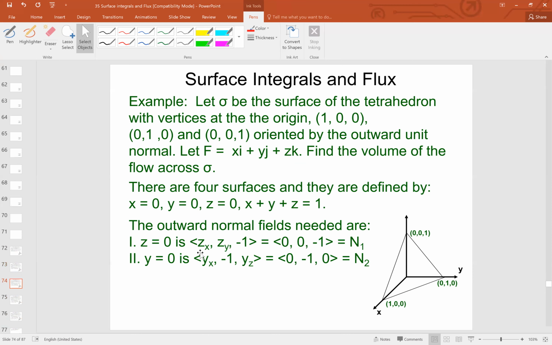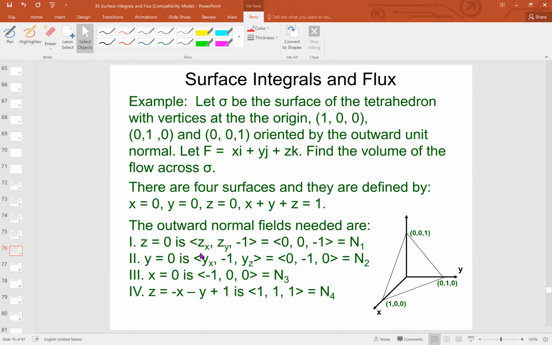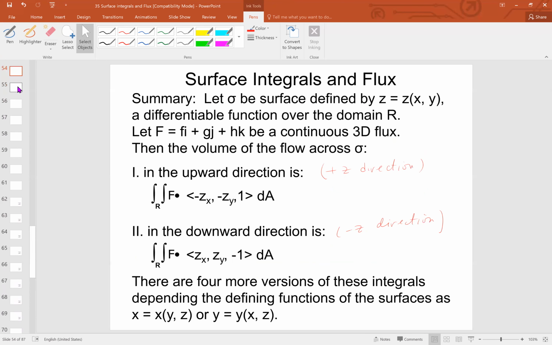There are 4 surfaces over here. Depending on which direction they are flowing, you have different normals, and the partials that you have to calculate differ with respect to the different directions you are flowing. And this is where, let me go back up to the slide. The other surfaces flow across the orientations of the surface.